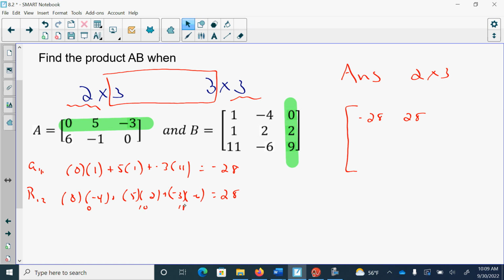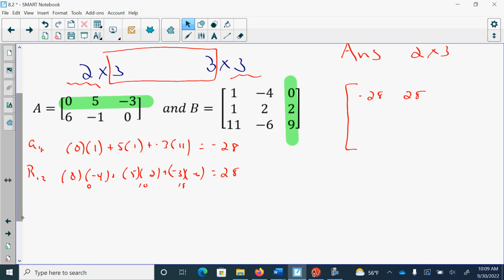This is 18. And then finally, I'm still on row 1, and now I'm doing column 3. So I'm going to have 0 times 0, 5 times 2, negative 3 times 9, negative 17.